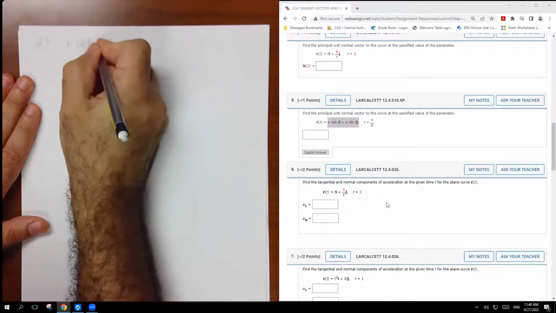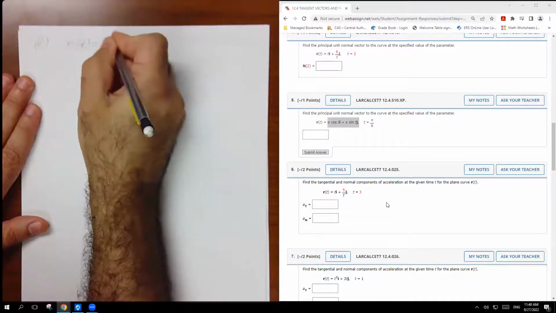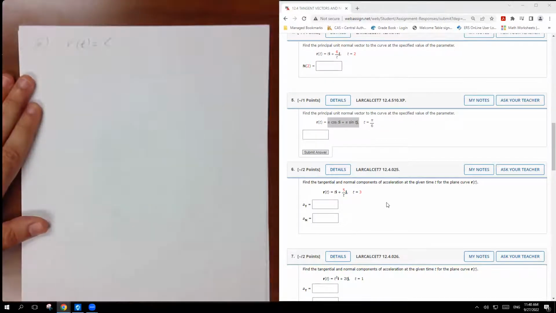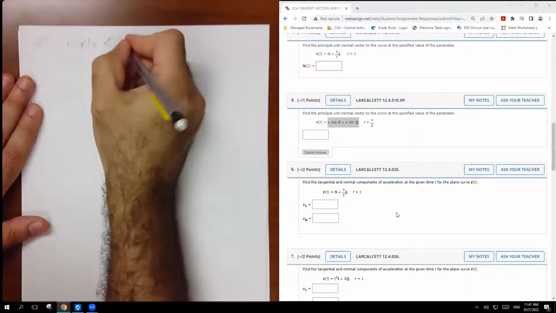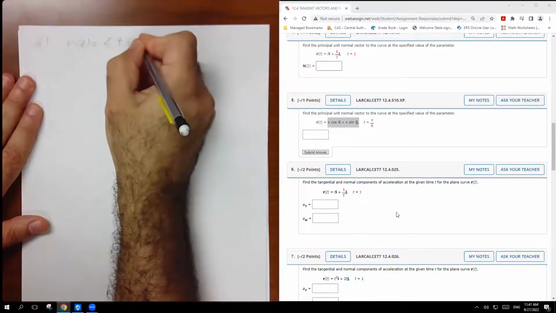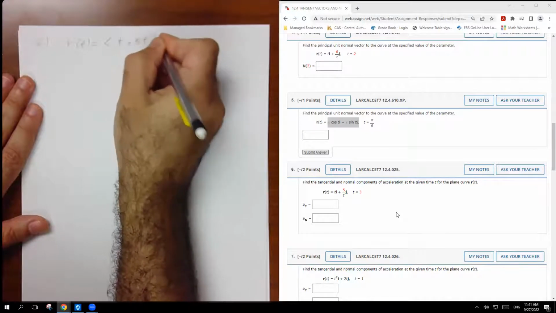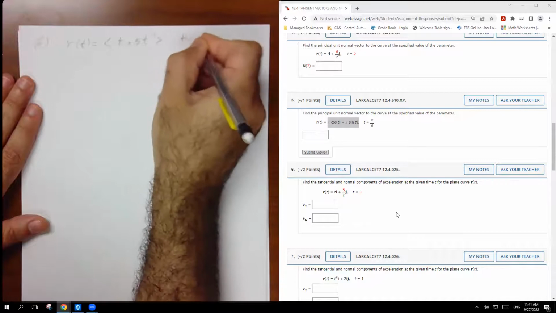I'm going to convert this one right away. So it's going to be t and 5 t negative 1. So here is t and 5 t negative 1. And we have t equal 3.